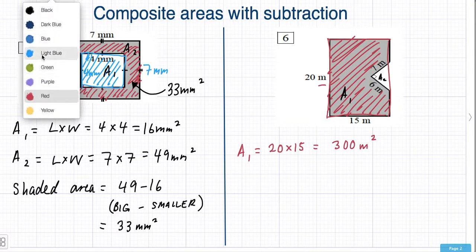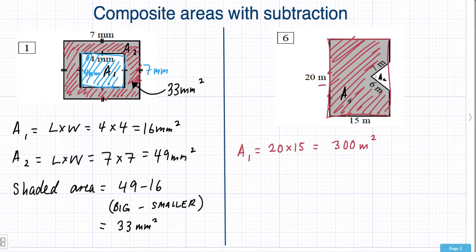The next part is going to be, if I want this grey shaded area, or what I've done red, what I'll need to do is find this little blue triangle and subtract it or take it away. Now this blue triangle I'm actually going to draw by spinning it around a little bit. Okay, so I've got the base on the bottom here. So 6 meters and 7 meters tall. All I've done is just spun it, so I've got the 6 just flat like this.